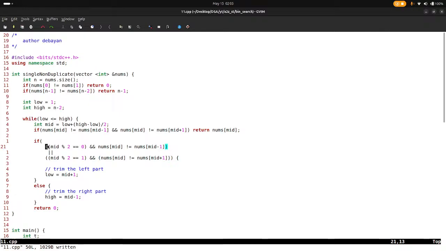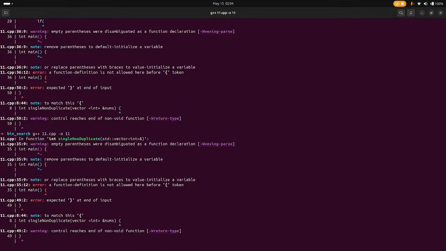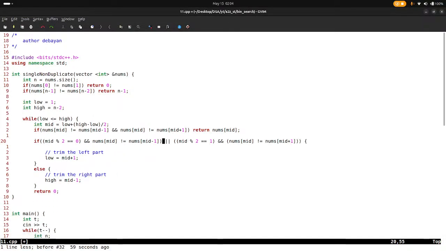I think some issue I'm getting with the parentheses. So this is the parenthesis of this.